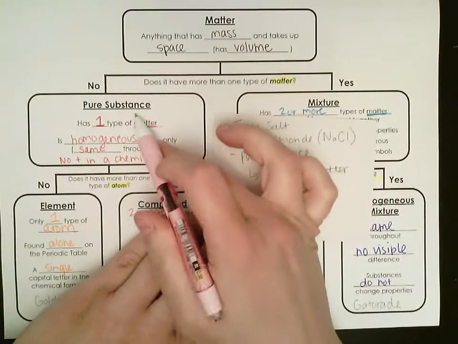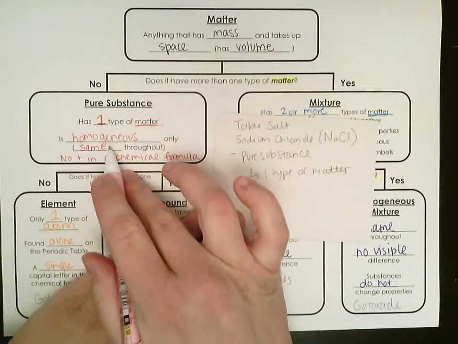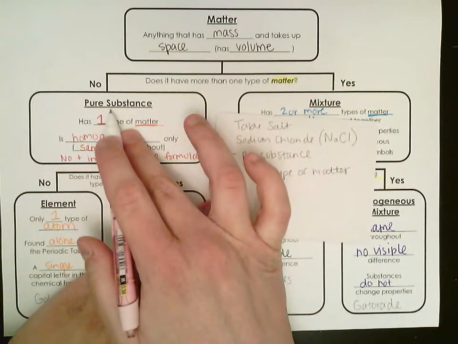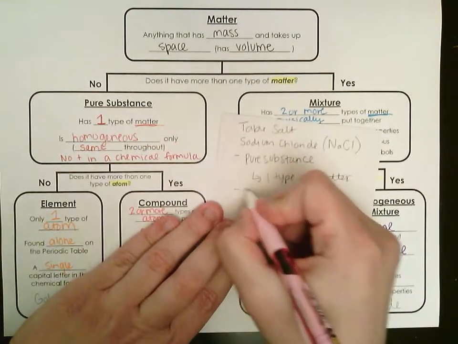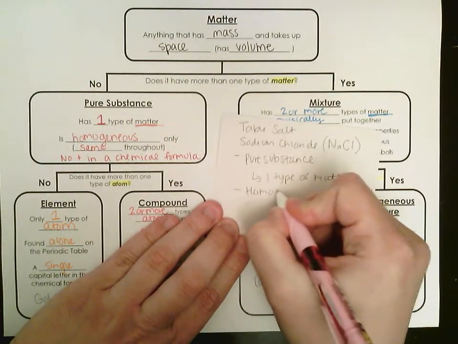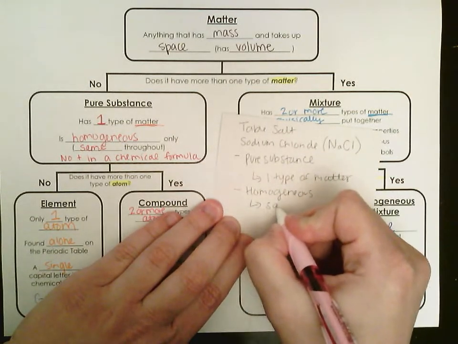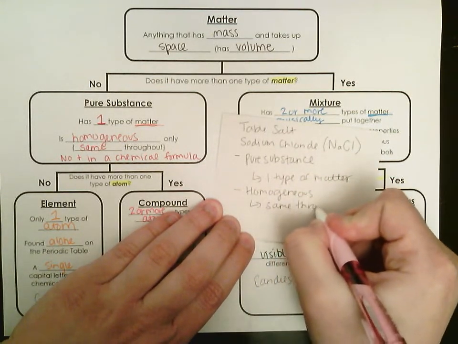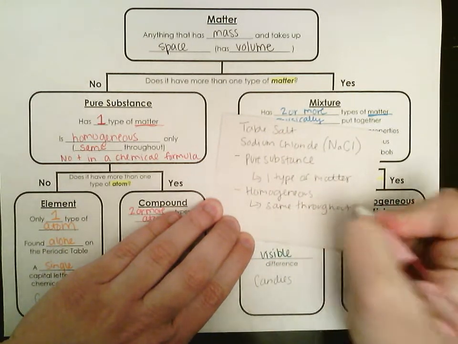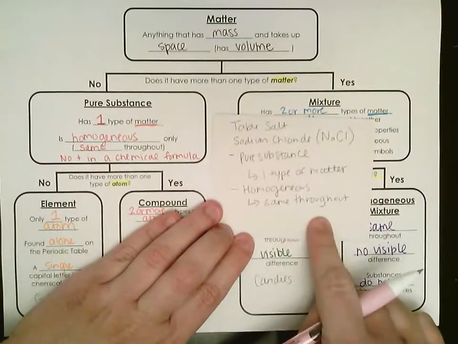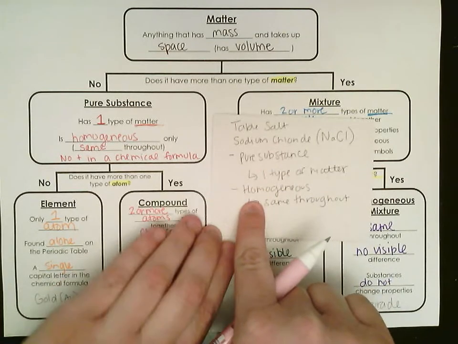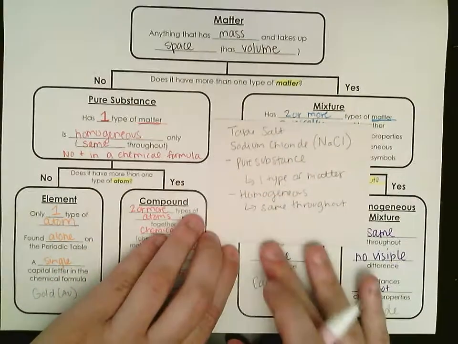Remember, if it's a pure substance, we also know that it's homogeneous. Automatically, if I say pure substance, I say homogeneous. If it's only made up of one thing, it has to be the same throughout. So, pure substance, homogeneous.